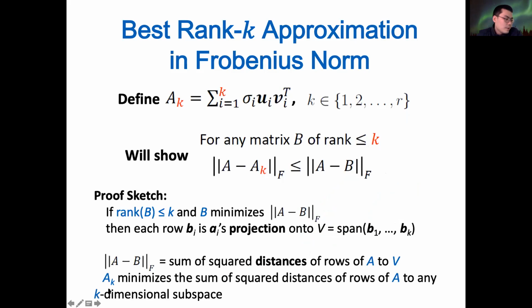So AK minimizes the sum of square distance of rows of A to any K subspace. So then we have this, because this is a sum of square distance from rows of A to V. It could be a particular space, and AK minimizes any such space. This is by our proof.